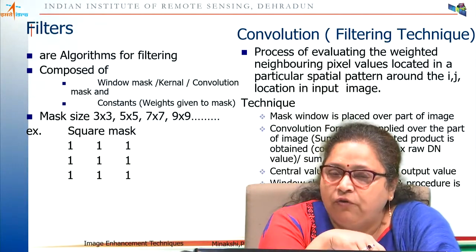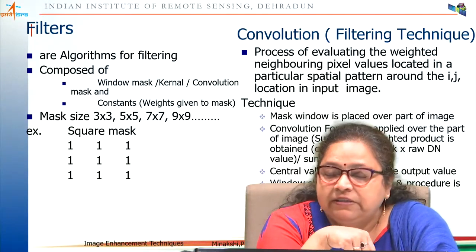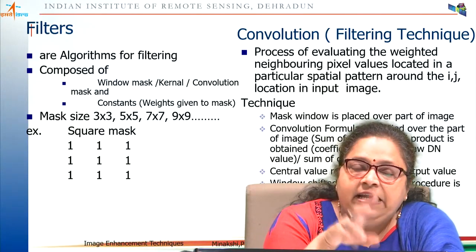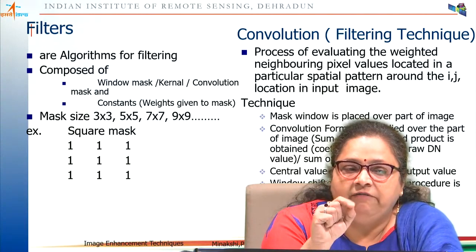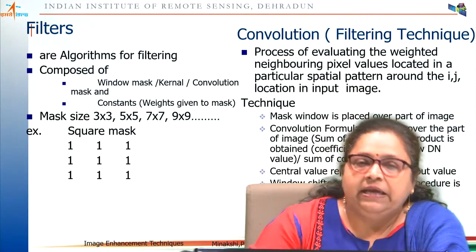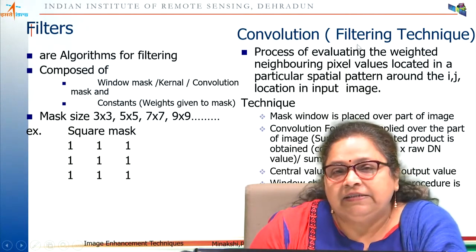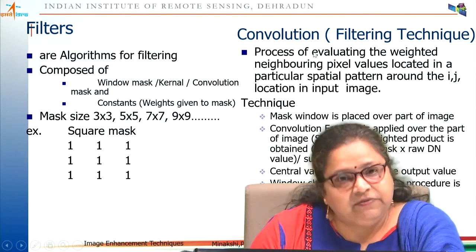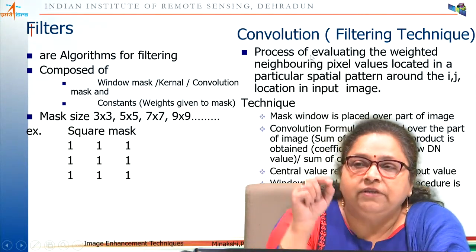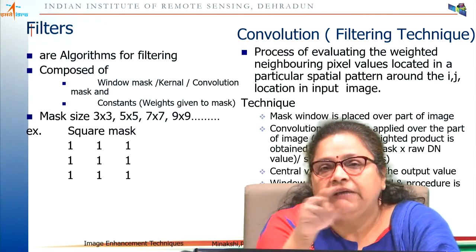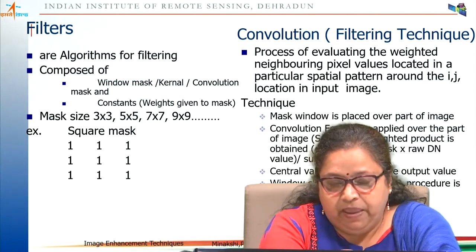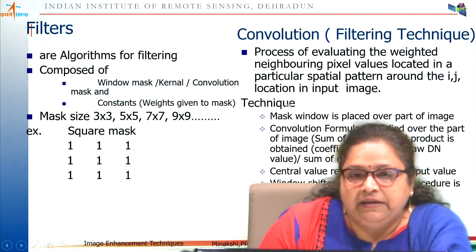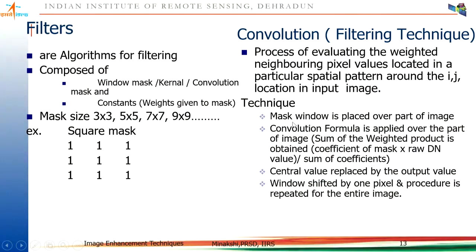Remember the definition of local operations or spatial enhancement? We said it is modification of a pixel value based on its neighbors. So it is the same thing I am explaining, the process of evaluating the weighted neighbors around a particular central pixel. How it is done is written here, but I will show you in the next slide with the help of images.